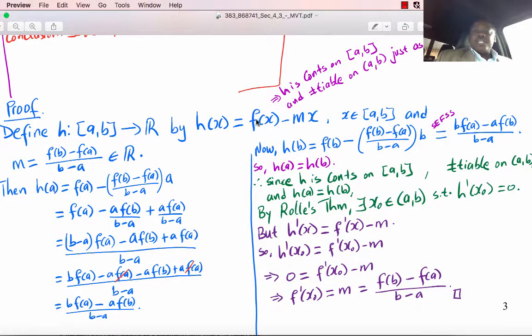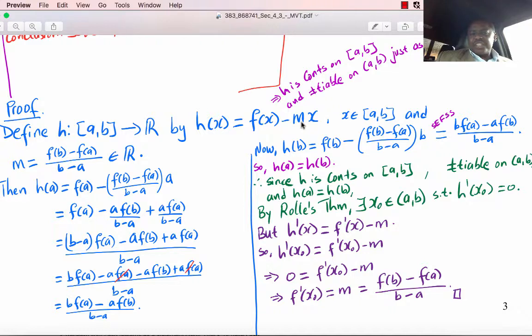Now, since f is continuous on the closed bounded interval, it would follow that h is also continuous on the closed bounded interval because mx is a polynomial function, everywhere continuous. Secondly, since f is differentiable on the open interval (a, b), h will also be differentiable on the open interval (a, b). So our h is good to go. It satisfies the two properties necessary for the application of Rolle's theorem.